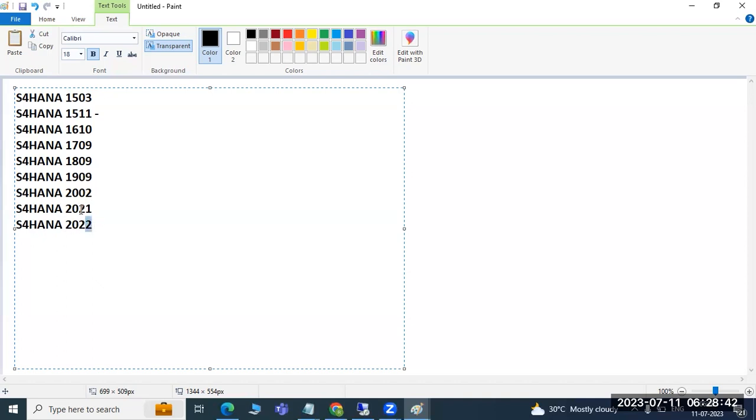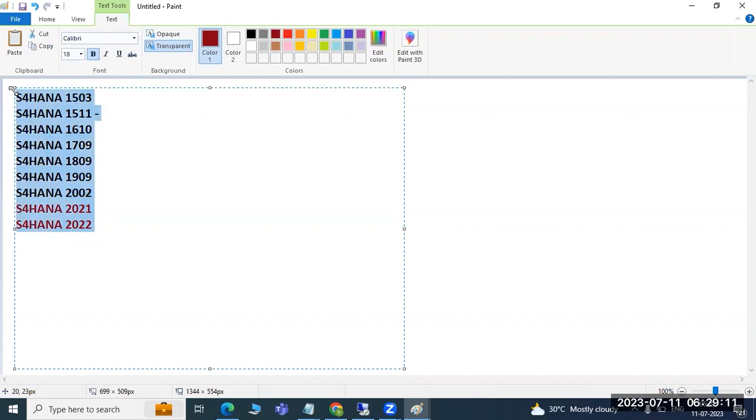Previously it was year and month, year and month. Now they have changed their strategy and put the naming convention as just the year, like 2021, 2022. These are the S4 HANA versions.